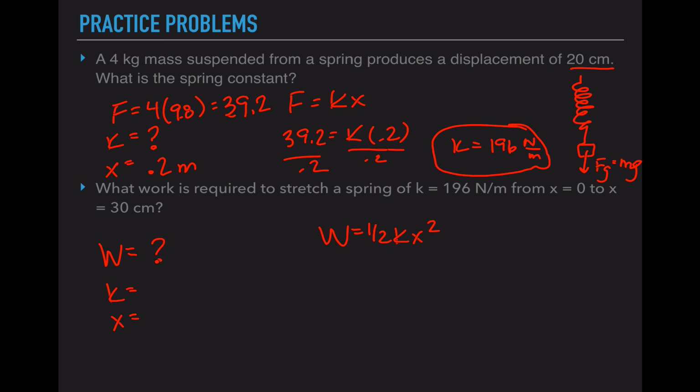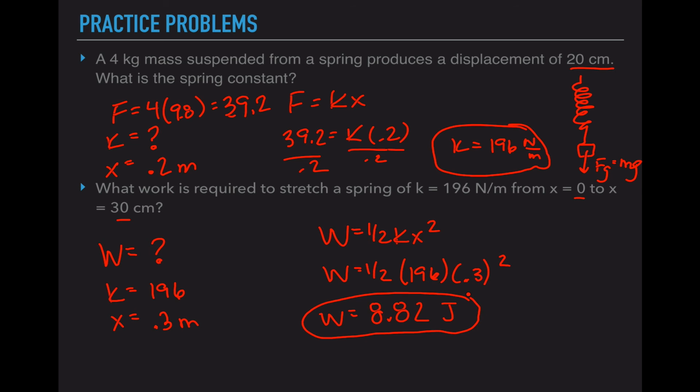So my work is my question mark, my k is 196, and my distance stretched from 0 to 30 centimeters is 0.3 meters. So work equals 1/2 times 196 times 0.3 squared. And my work required is 8.82 joules.